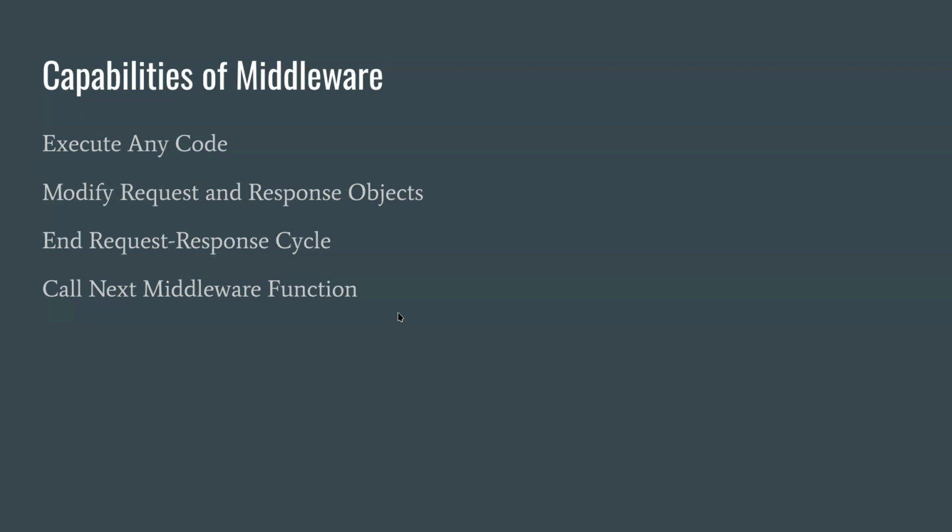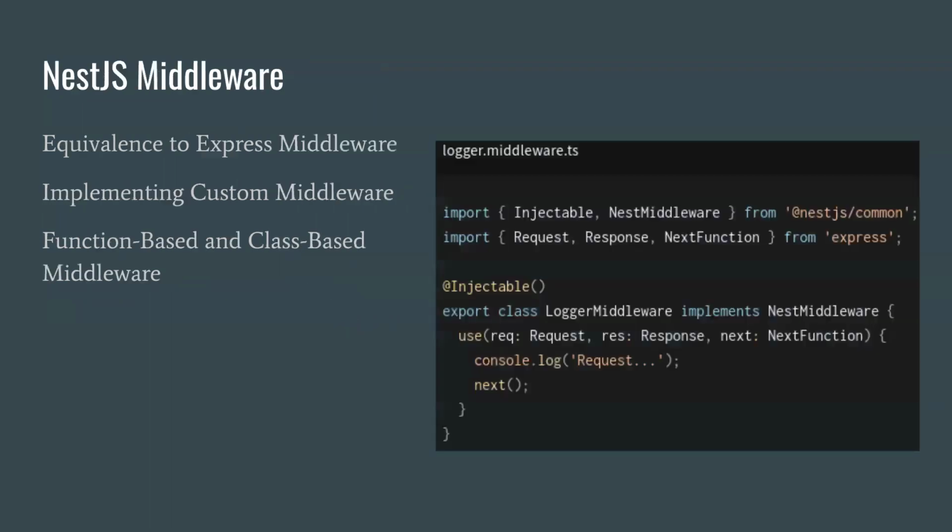One thing to note is that if the current middleware function does not end the request-response cycle, it must call next to ensure the request is passed to the next middleware function. Otherwise, the request will be left hanging.